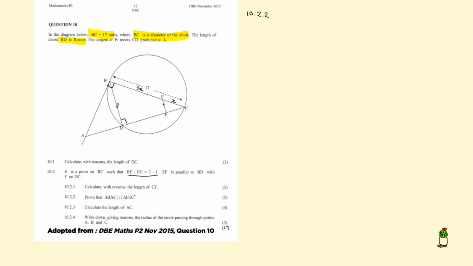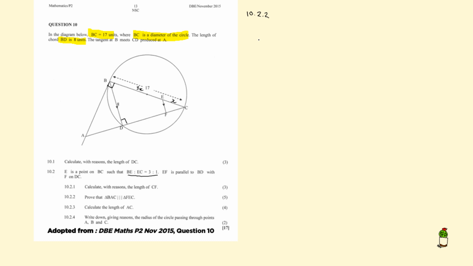Okay, remember in the previous video I already told you that a little cheat is that when you see similarity, you need to know already that the placement of these letters is as per equal angles, right? So you can now use the placement of these letters to go searching and find the reason why the angles are equal, and that's going to help you write out a proof for similarity.